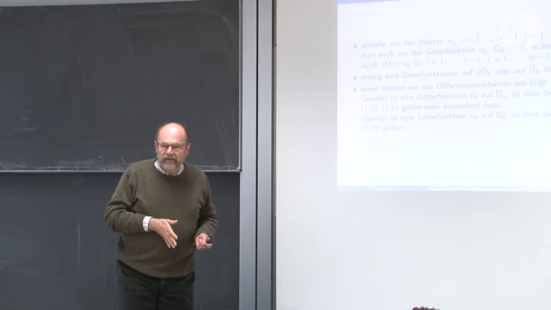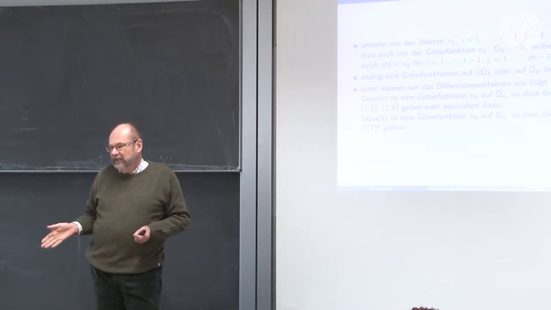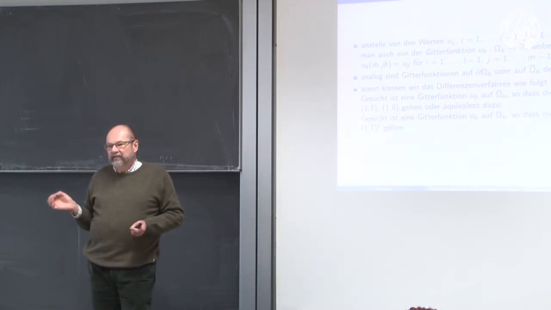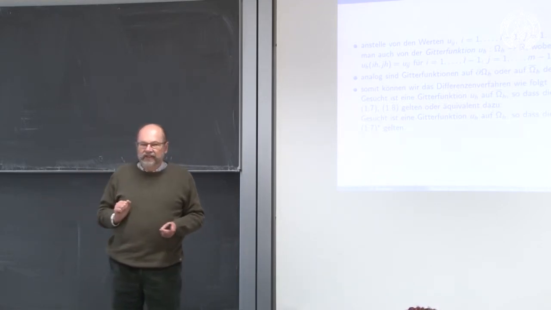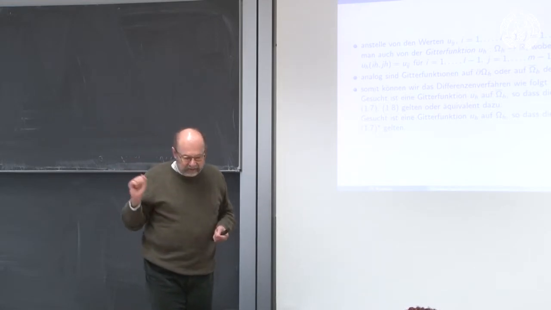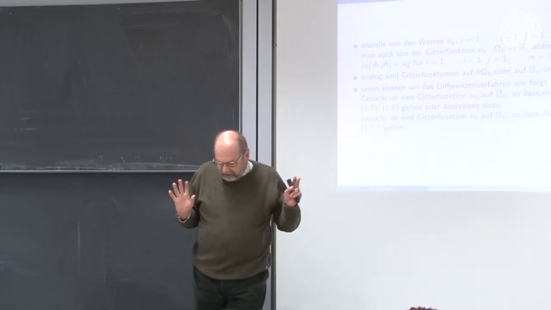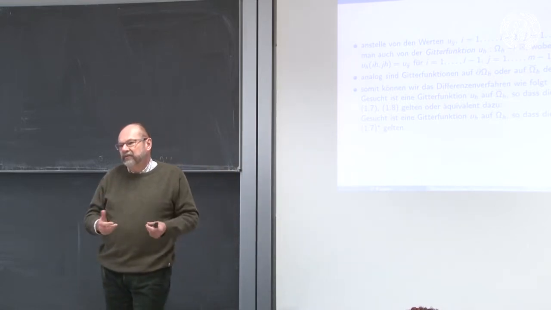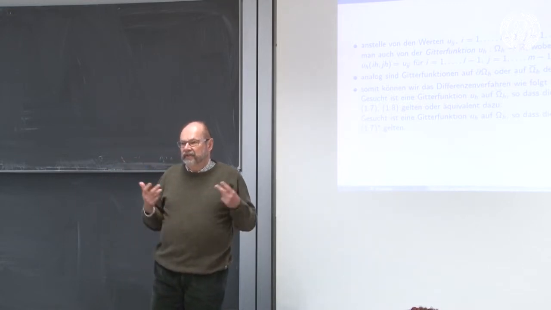On the other hand, of course, we have the representation of a grid function by a vector. But for getting a representation, we have to choose a numbering. We discussed different numberings already last time, and we have the impression that the choice of the numbering should not have too much influence on the method itself, on its properties.